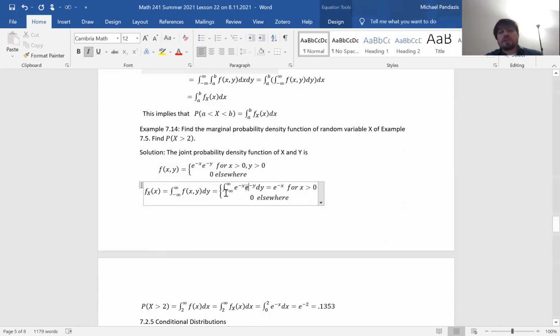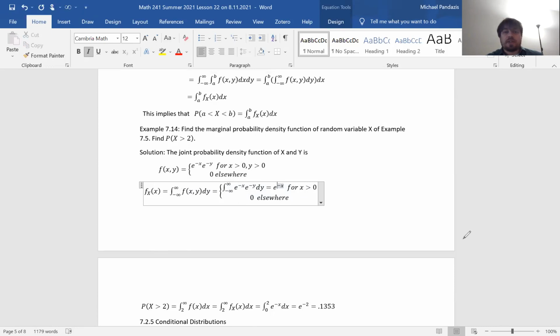Okay, so it turns out that this integral is equal to this. So all I did was so you have this, which is dy, and I substitute f of x comma y for that. And if you integrate this, you get e to the negative x. Okay, so I'll quickly show you that.